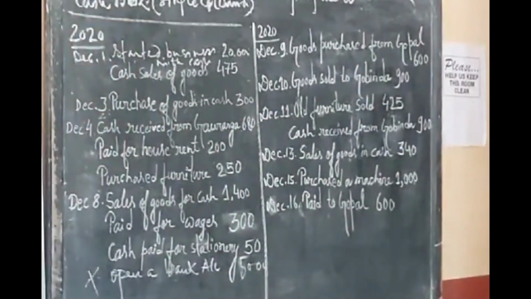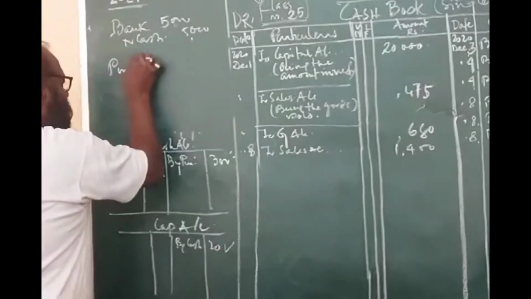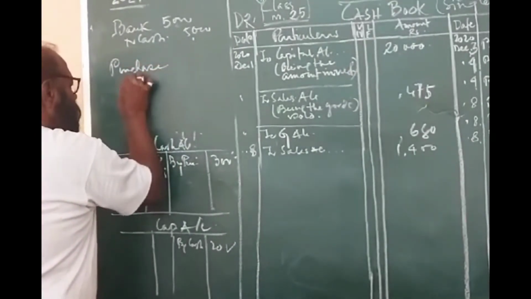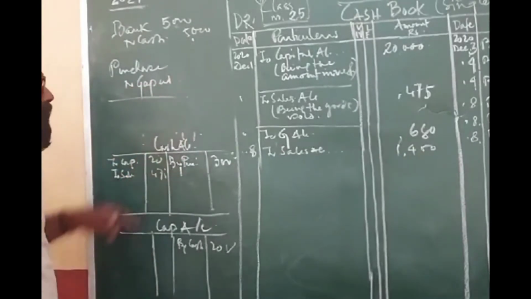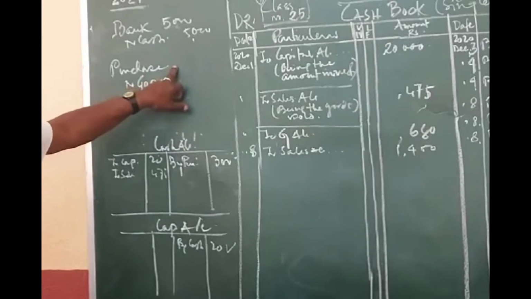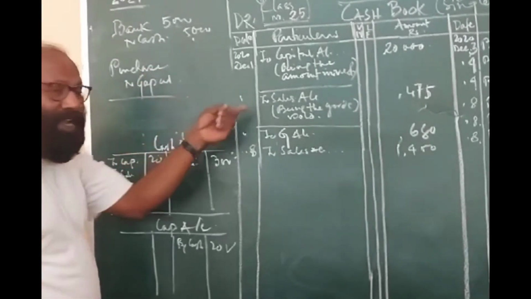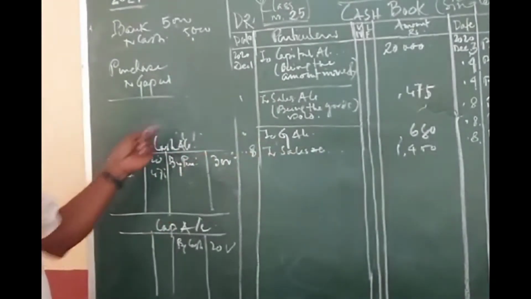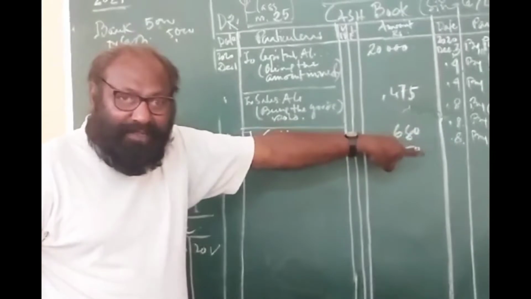Now, what is the journal entry? The journal entry is purchase account debit to Gopal. In the purchase account, we should write to Gopal, and in Gopal account, we should write by purchase. So should we record it in the cash book?